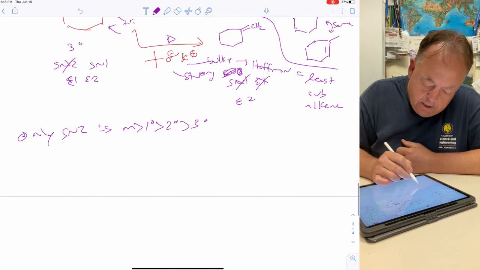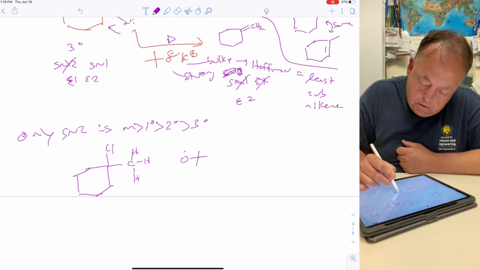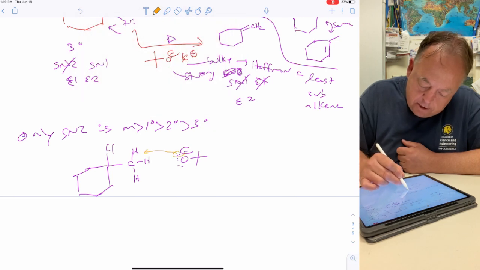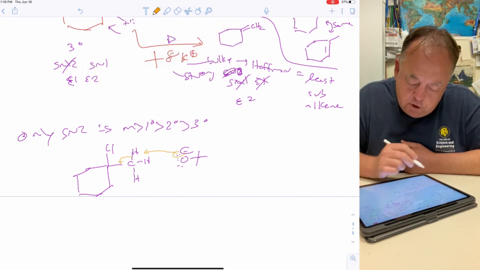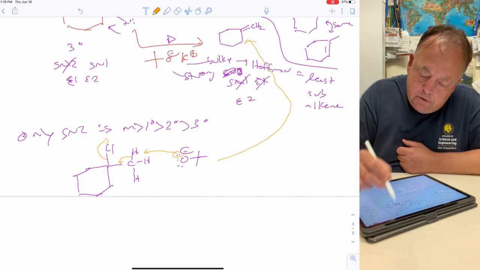In terms of the mechanism, if you have a hard time seeing that, take a lone pair, make a bond to hydrogen, the C-H electrons become a double bond, chlorine leaves, and that gives you that.